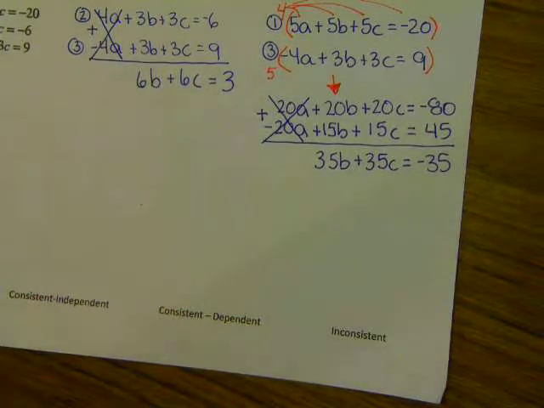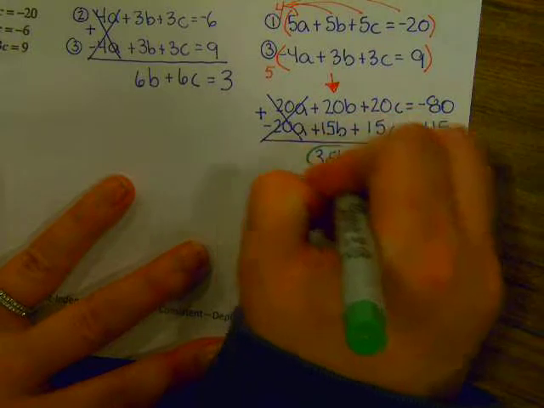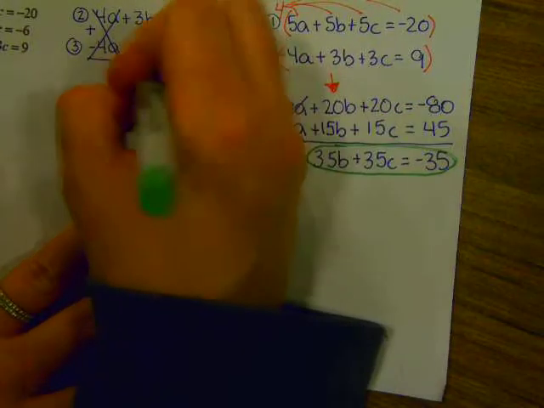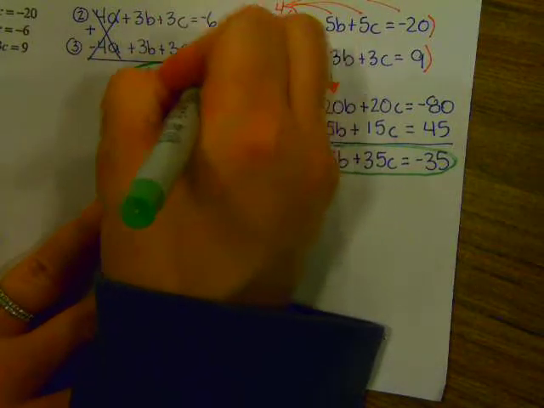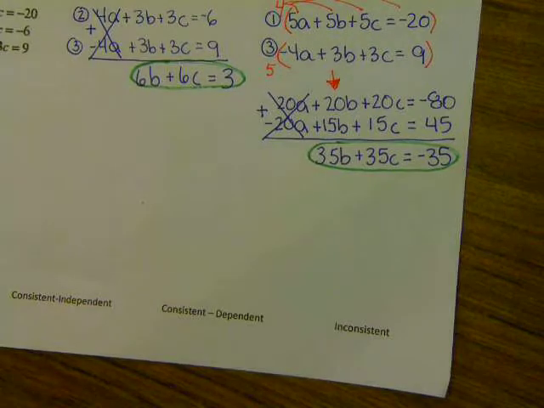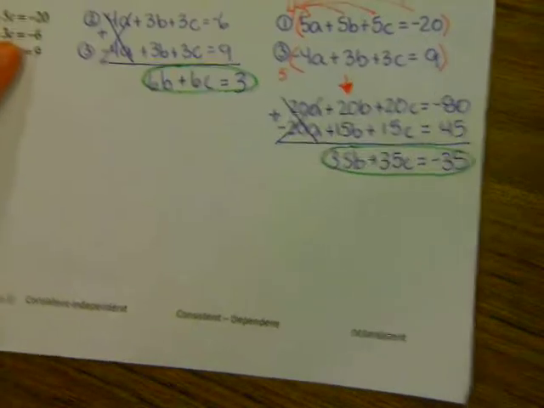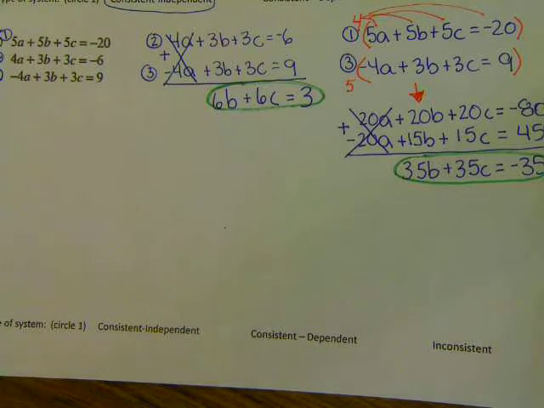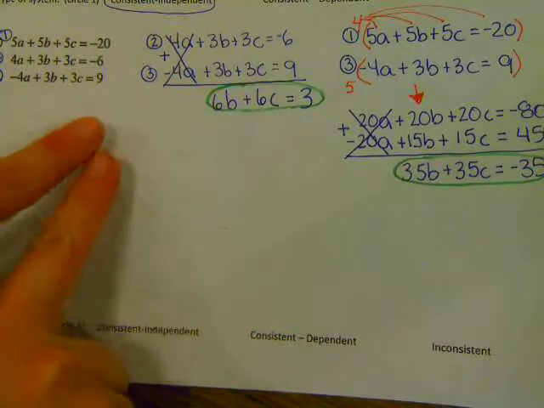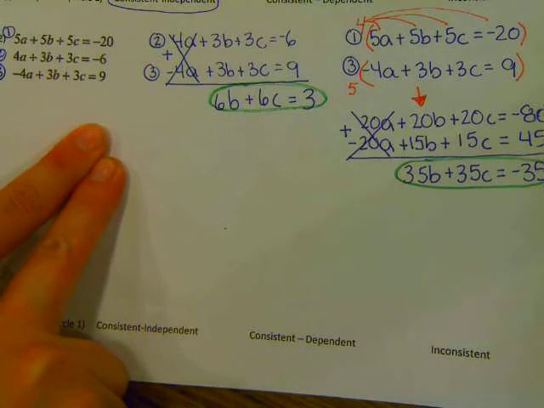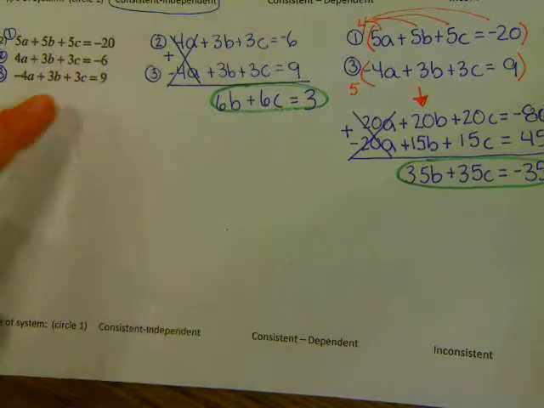So you get this equation with B and C and this equation with B and C. And just like before, now you want to put these two together and try to get rid of the B or the C. So we're going to pair them up over here.